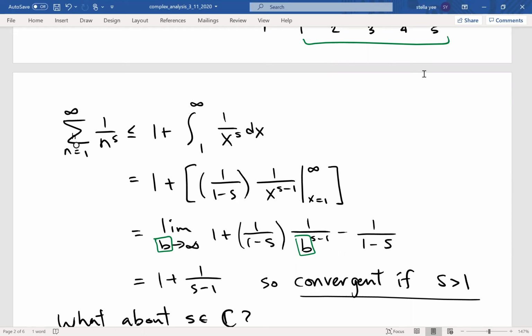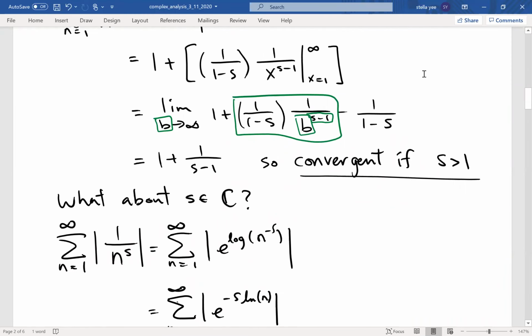So this thing is convergent as long as the exponent s minus 1 is positive, right? So the middle term goes to 0. So that's what we get. So this zeta function converges if s is a real number greater than 1.